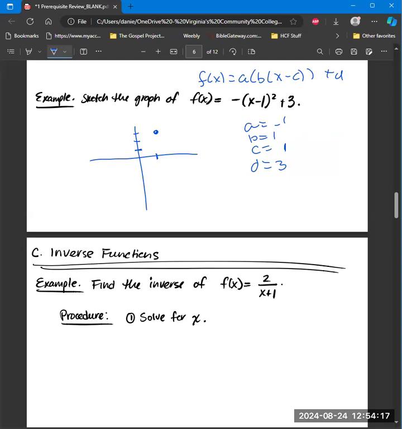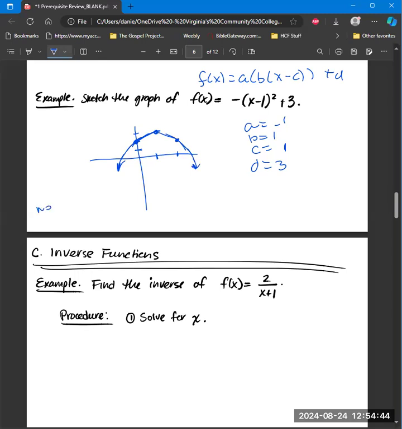At x is 1, y is 3; at x is 0, y is going to be 2. So we're going left 1, down 1 because of this A. We're going to go right 1, down 1 because of that A. And we get something that looks like this.